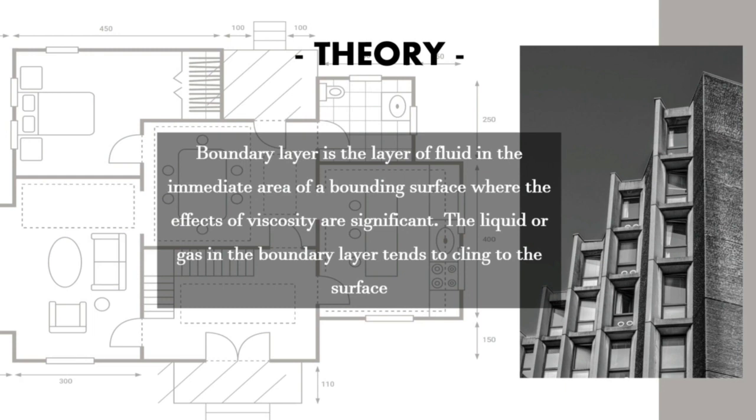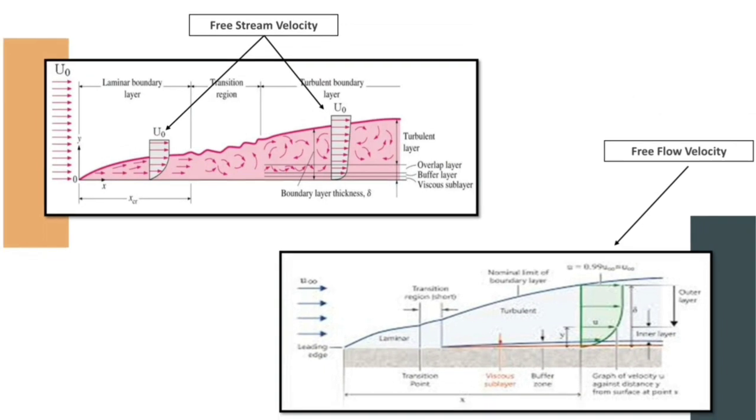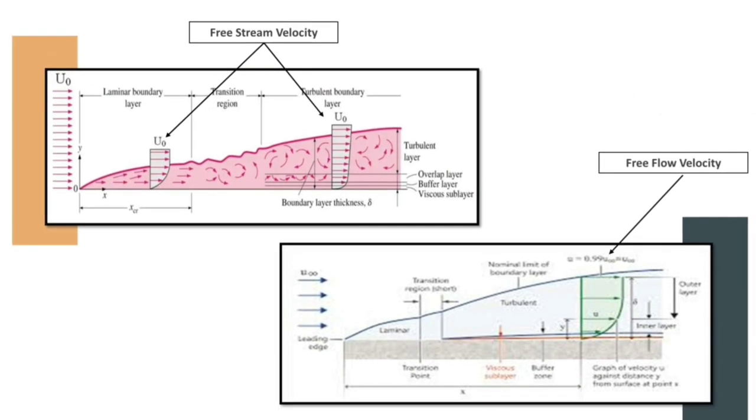Boundary layer is the layer of fluid in the immediate area of a bounding surface where the effects of viscosity are significant. The liquid or gas in the boundary layer tends to cling to the surface. For this boundary layer diagram, there are 3 regions in a boundary layer, namely laminar, turbulent and transition boundary region.